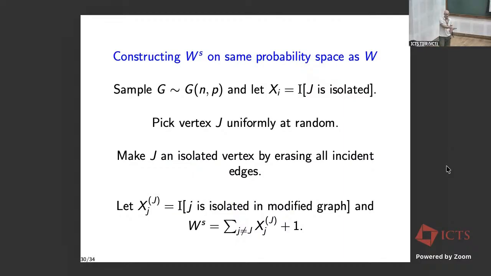If there are any edges attached to j, remove those edges. And that's it. You have now a new graph, and your adjusted X's are just the indicators of whether i is isolated in the modified graph. So all you do, you pick a vertex, kill all the edges adjacent to it, and that's it. You've constructed a random variable that has the size bias distribution.